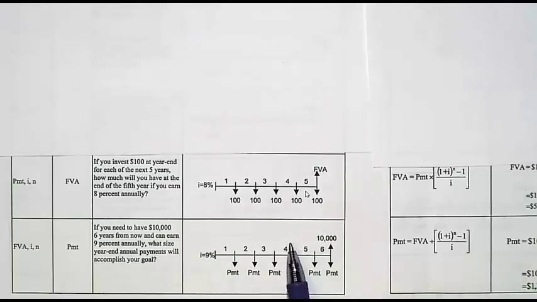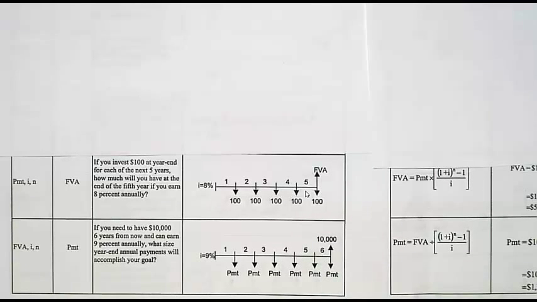Now notice we have n equals 6, but since the payments are at the end of the year, this payment would only get interest for 1, 2, 3, 4, 5 years. So this one for 5 years, this for 4, 3, 2, 1, and 0. The last payment gets no interest at all because it occurs at the end of the time frame.